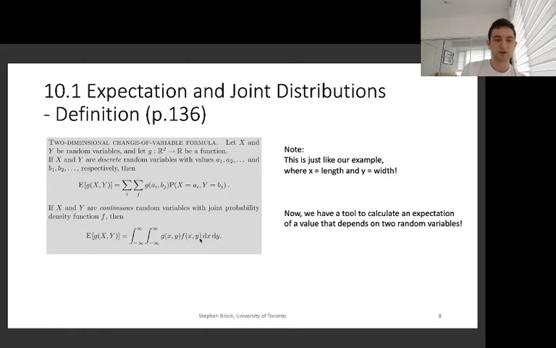So this right here is exactly what we did, except now our function, instead of being a generic g(x,y), was x times y, right? Where x was the length and y was the width.